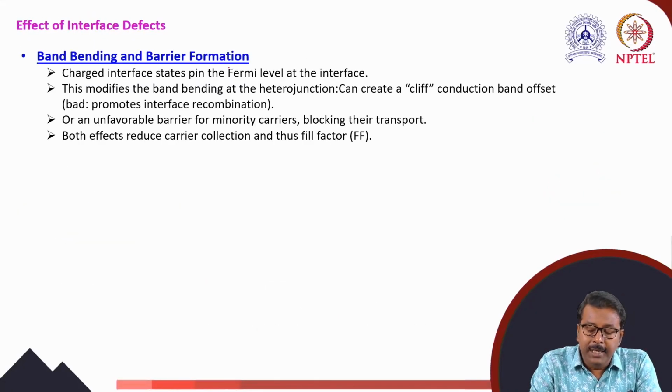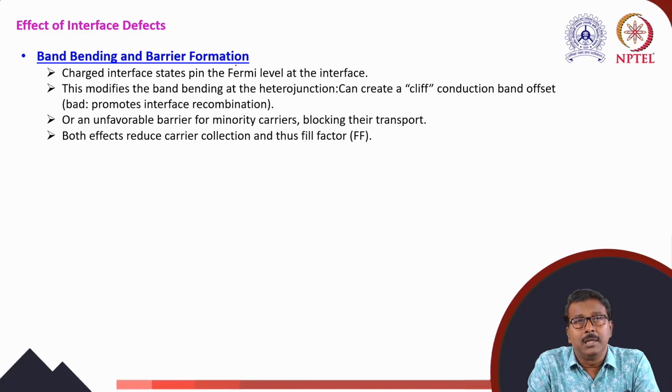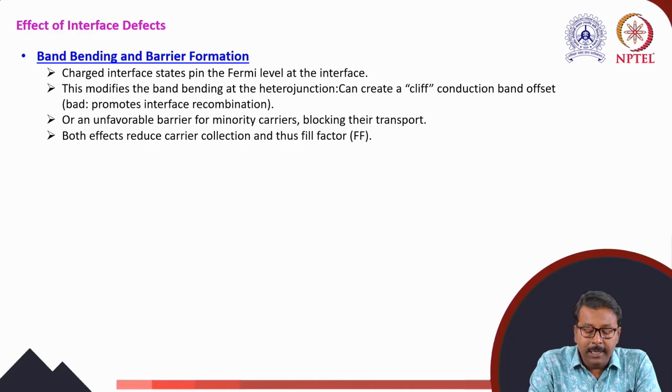Band bending and barrier formation, that is another important thing we should know. There may be charged interface states. Charged means sometimes at the interface some charged atoms are there, some ions may be present, negatively charged ions or positively charged ions, etc. So these charged interface states pin the Fermi level at the interface.